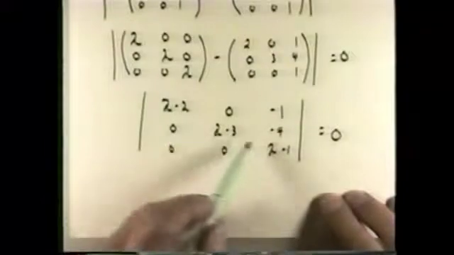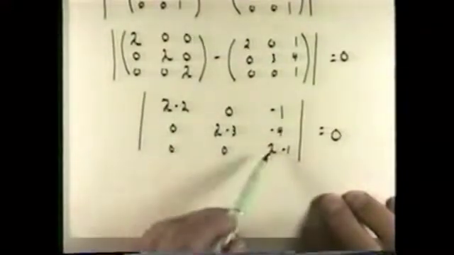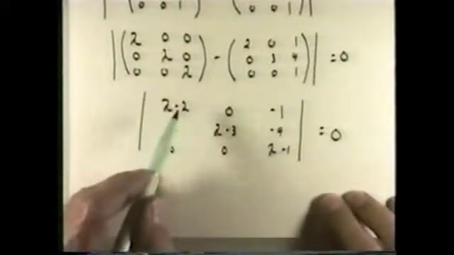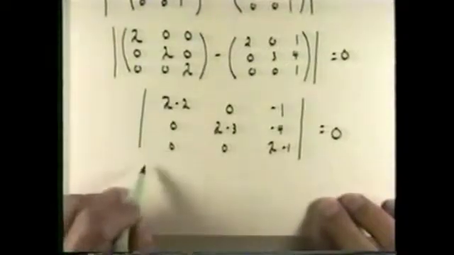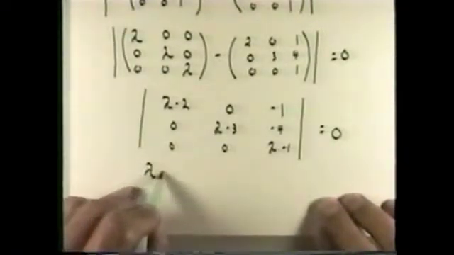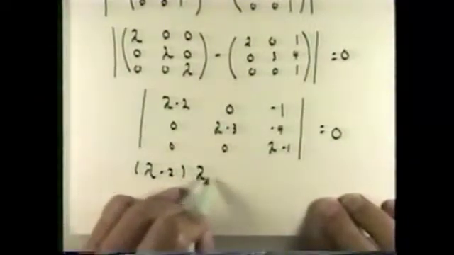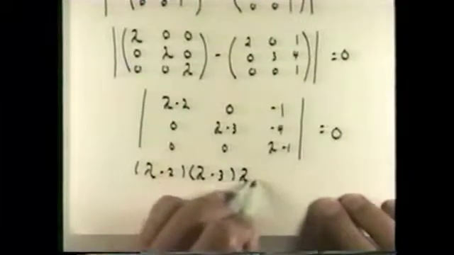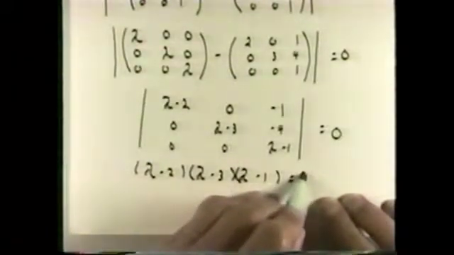Now notice that this matrix is upper triangular, so I can get the determinant by simply multiplying along the diagonal. So I would have lambda minus 2, lambda minus 3, lambda minus 1 is equal to 0.